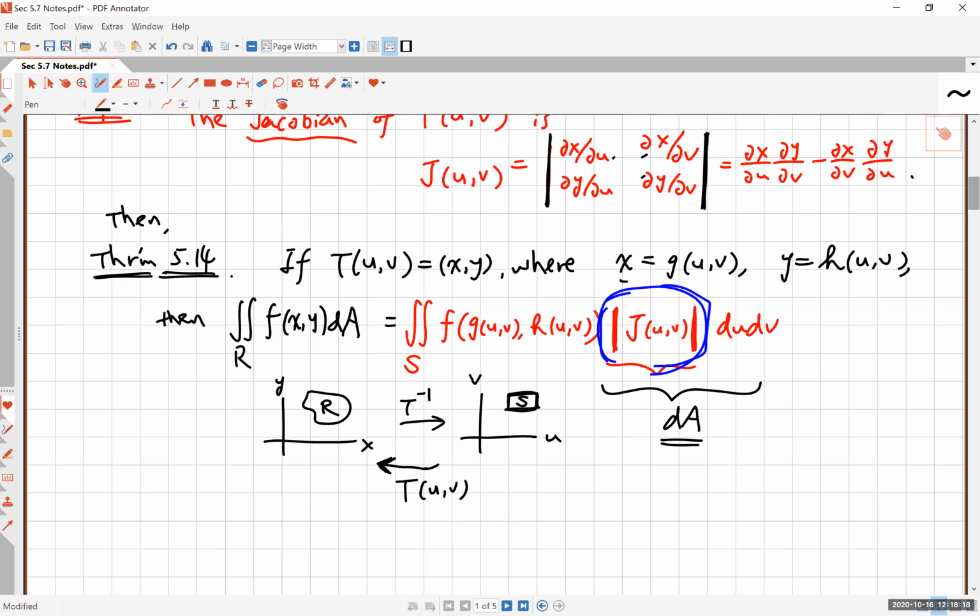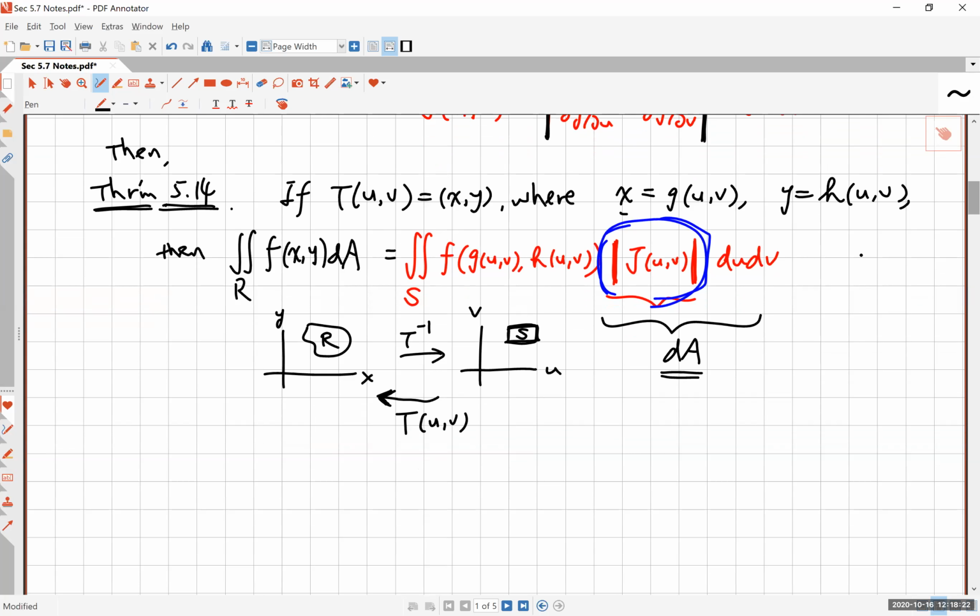The transformation T goes from uv to xy, and the inverse goes from xy to uv. This may be important here. And of course, the Jacobian is, as I said before, and you can write this in abbreviated form, xu, xv, yu, yv, okay? And so that's what this is.